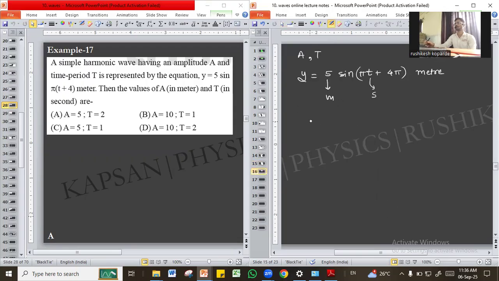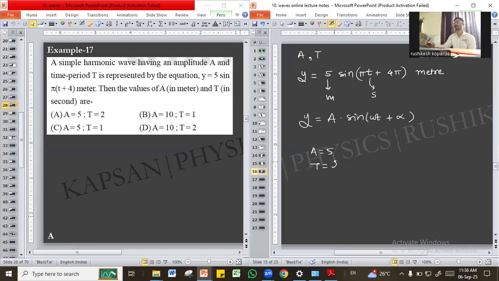Doesn't matter. To figure out amplitude right now, compare this with a sin omega t plus whatever phase you have, or whatever you want to write. Don't write alpha kx, write alpha, put x equal to 0. So amplitude will be pi.